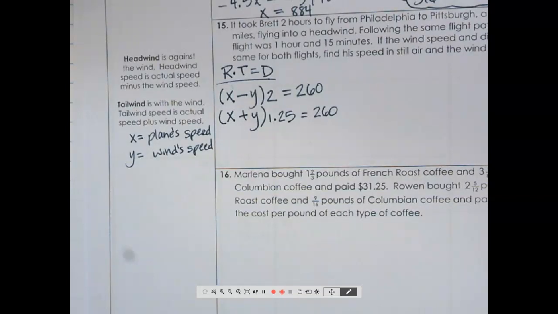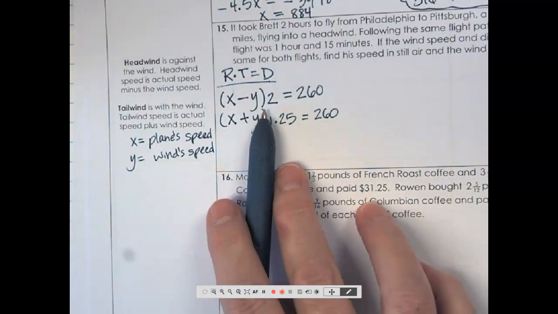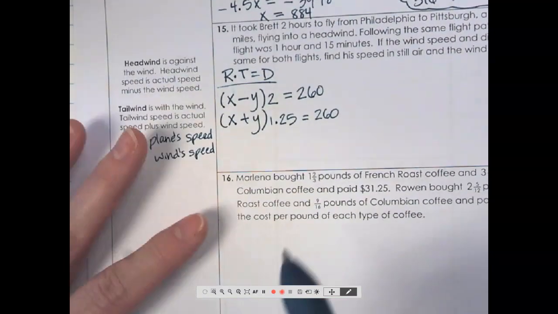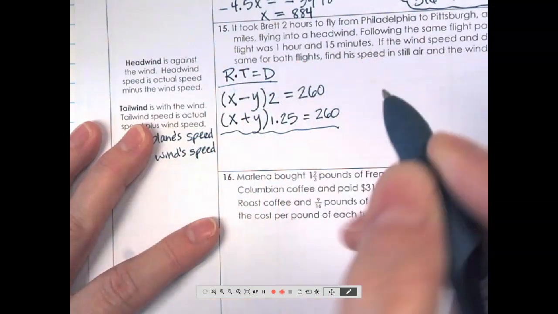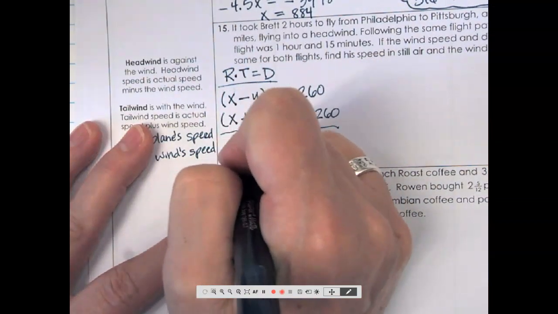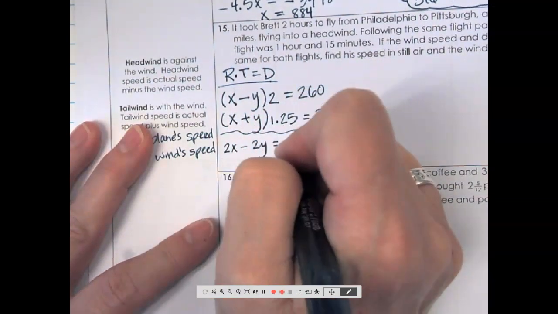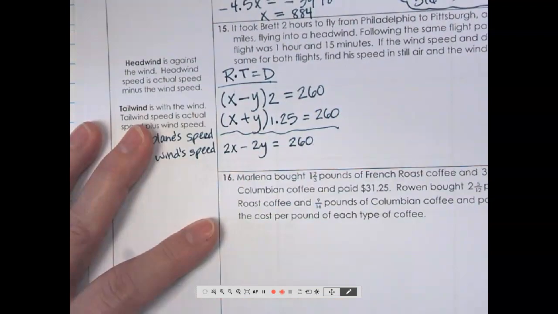Okay, should we use substitution or elimination? Elimination, what should we do first? Distribute. Would anyone have thought to maybe just divide by 2 first? No? Okay, then we won't. Then we'll distribute. Okay, 2x minus 2y equals 260.